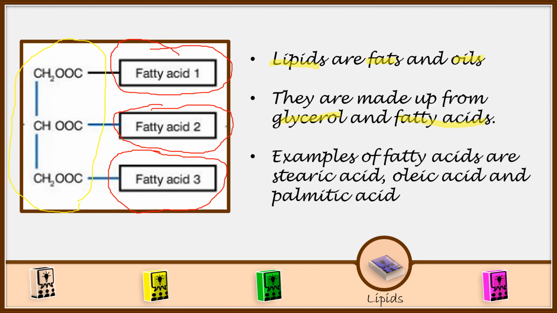For example, fatty acids: we have stearic acid, oleic acid, and palmitic acid. So these are some examples of the fatty acids. Now you can find that on your lipid, one glycerol may combine with stearic acid, stearic acid, stearic acid.